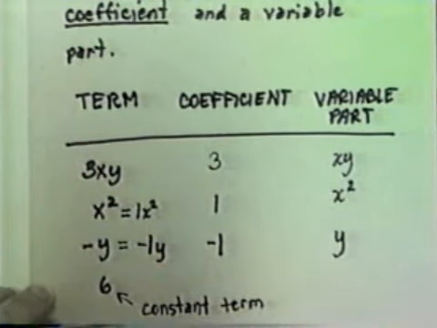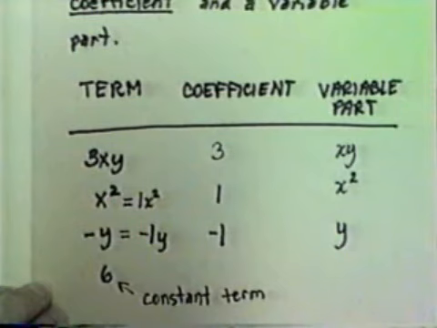The 6 is constant throughout the entire problem. A number does not change. It is not unknown. Therefore, it is not variable. And so it's called constant. The 6 is a constant term.